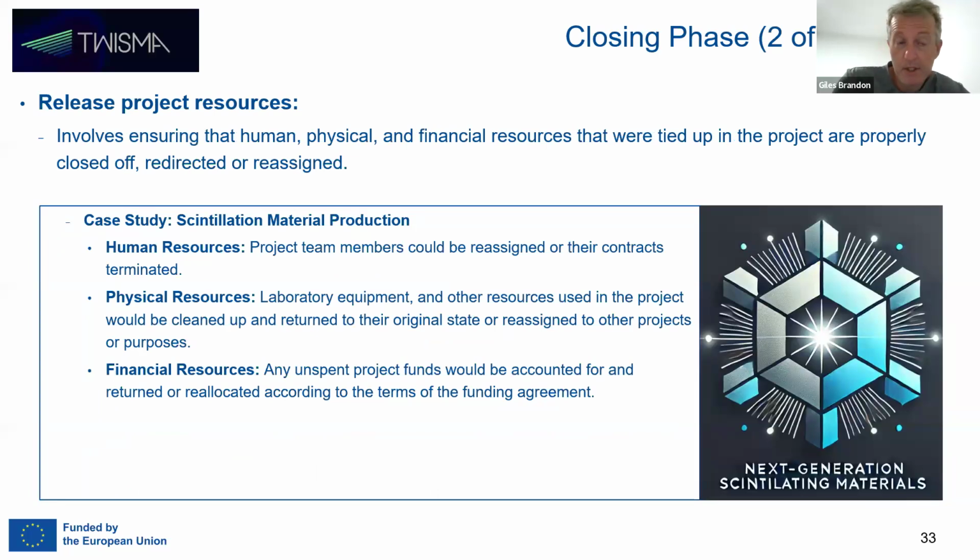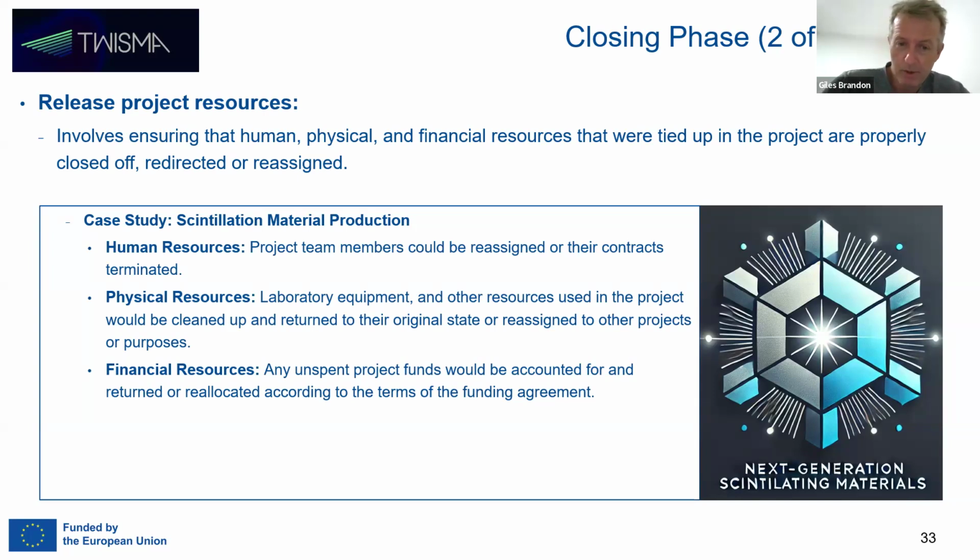Since we're in the closing phase, at this point, we're also releasing project resources. So in the context of our case studies, we can think about human resources, physical resources, financial resources. So human resources, project team members can be reassigned, or their contracts are ended.